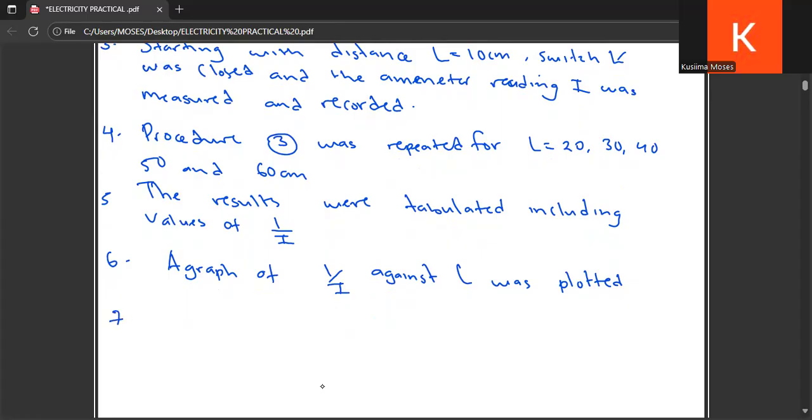Then 7, the slope S of the graph was calculated.